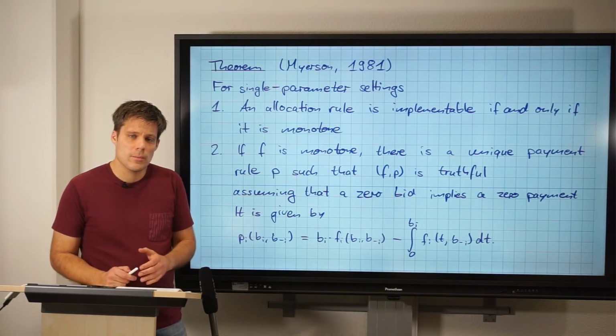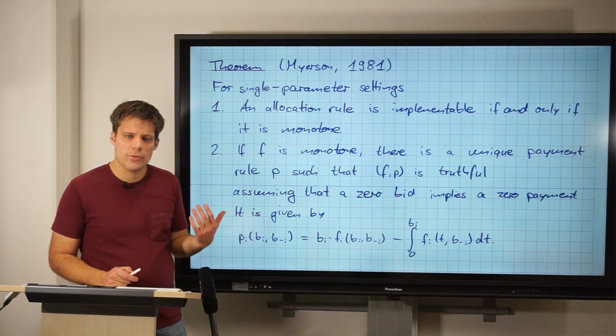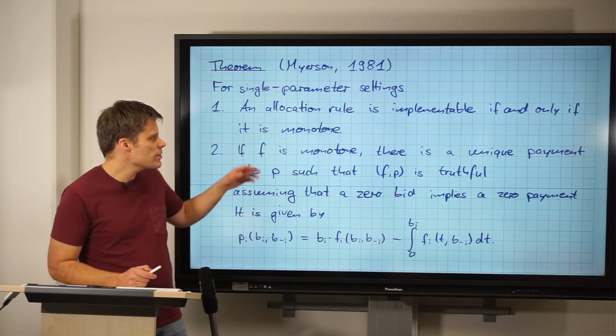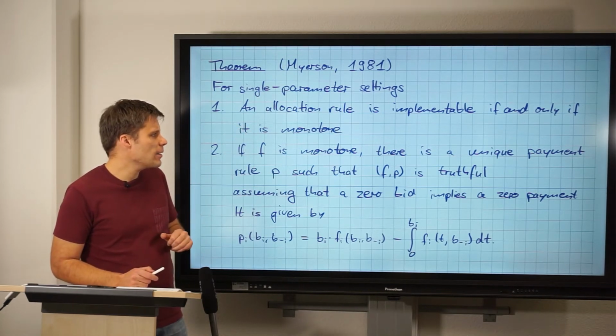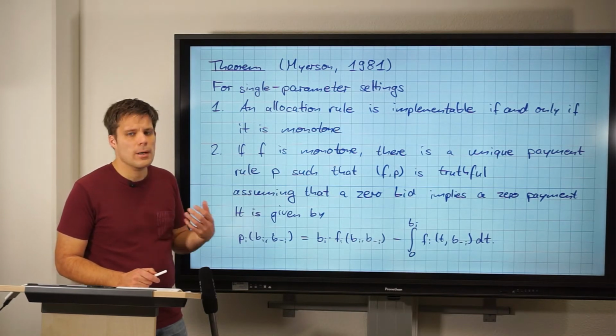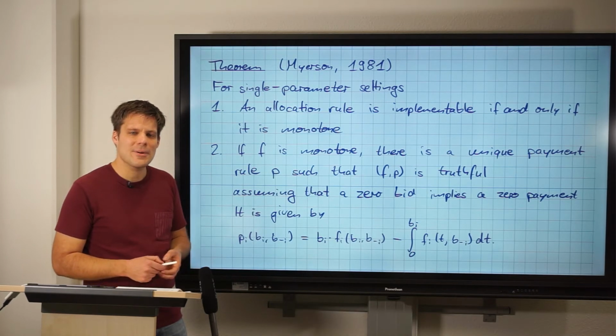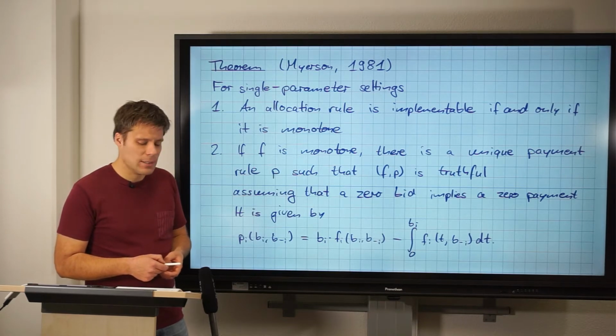So, what do we want to do next? Of course, we want to prove this. We first want to see, for example, what if an allocation rule is not monotone? Why can't it be truthful? Or if it is monotone, why can there be a truthful mechanism?